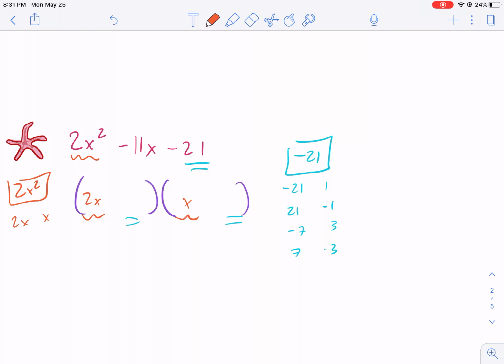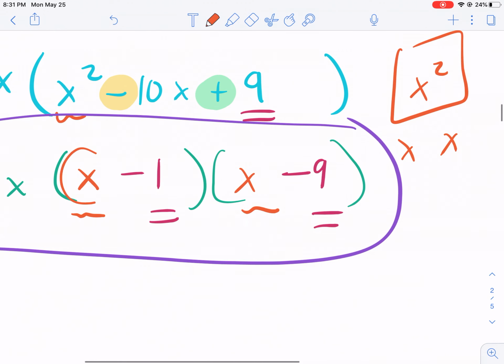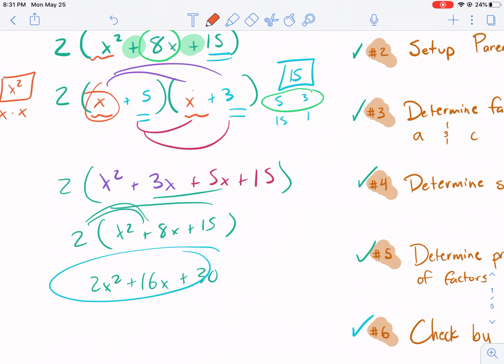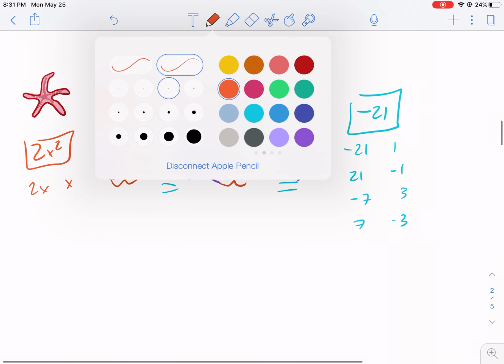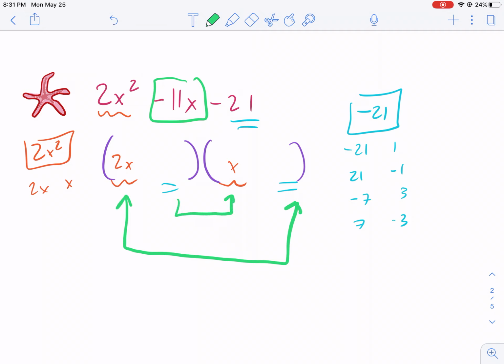Now, it matters where you put this because they're not the same. Before, we always had x, so it doesn't matter which one we put where because they're exactly the same. But now they're not exactly the same, and it matters where you put them. Why? Well, we get the sum for the middle term by multiplying the outside terms and then adding that to the product of the inside terms. So think of this as a puzzle.